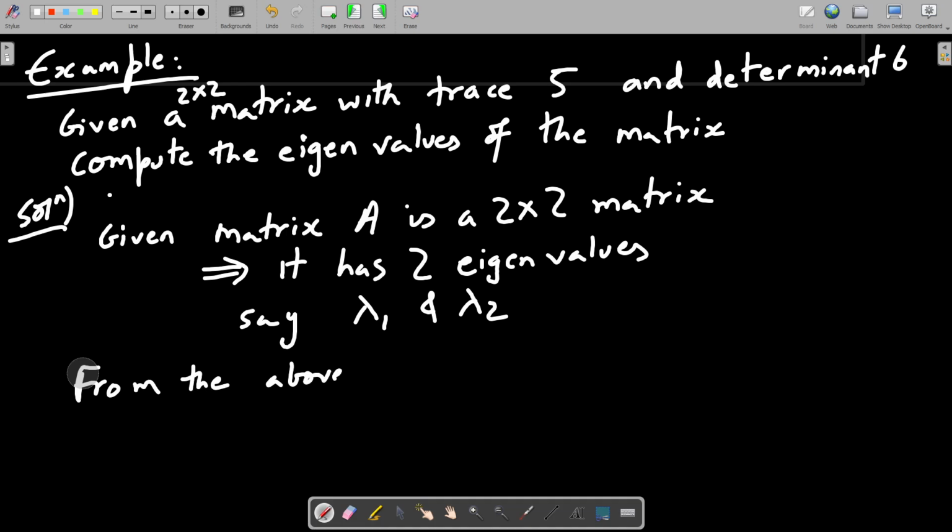From the above properties, what do we know?